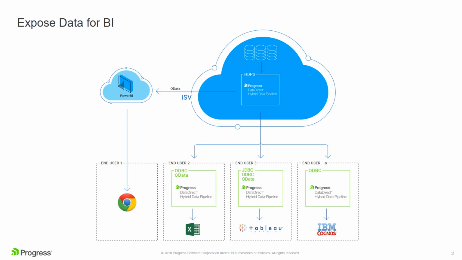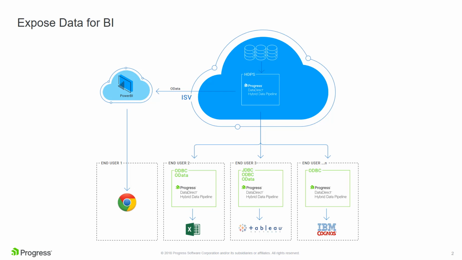Customers of cloud ISVs often request support for various BI or reporting tools such as Excel, Cognos, Business Objects, Tableau, Power BI, etc. Instead of building individual BI connectors, cloud ISVs have started opening their analytics via standard ODBC, JDBC, and OData. The fact that every major BI vendor supports one or more of these standards allows the end user to easily use the BI tool of their choice.